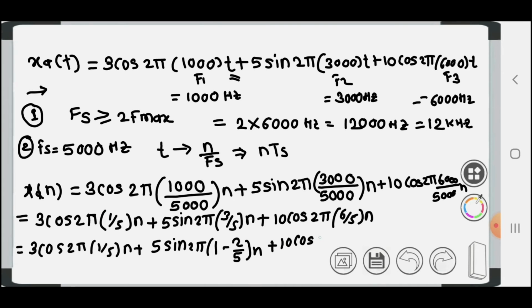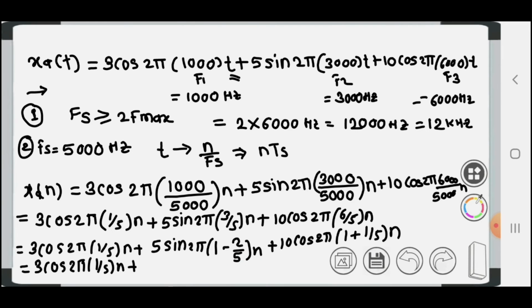So 10 cos 2π, how can we write it? 1 by 5 n. So it is 3 cos 2π 1 by 5 n. Now this 1 minus 2 by 5 n: if this 5 sin 2π gets multiplied with each and every component in the bracket, first of all 5 sin 2π n, and then minus 5 sin 2π 2 by 5 n.